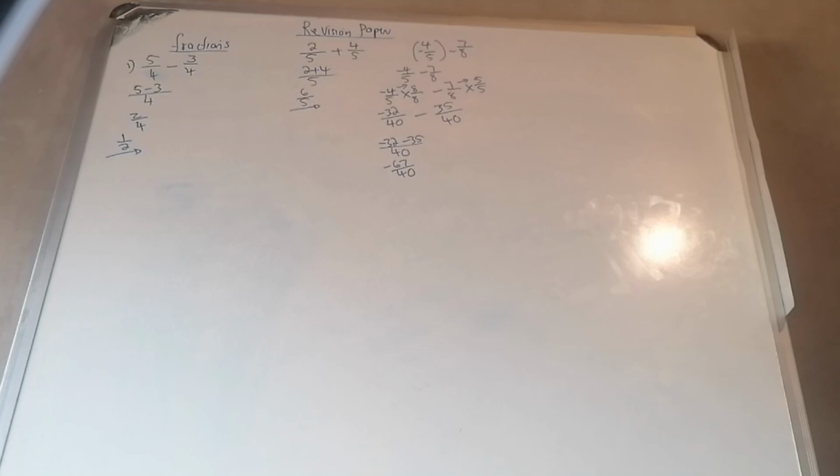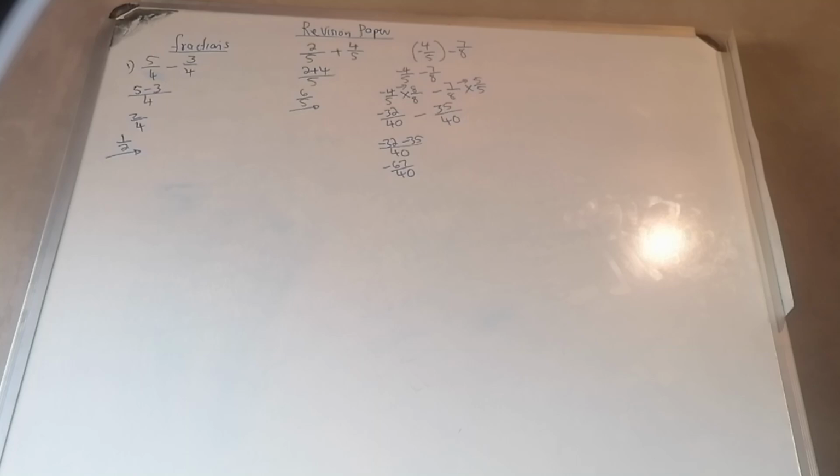Can we simplify that? It is simple: minus 67 over 40.